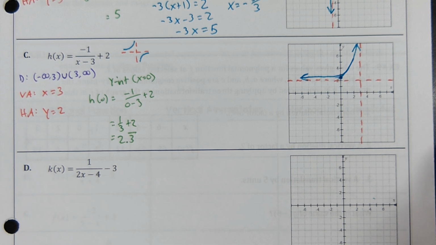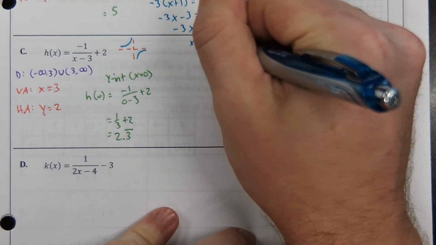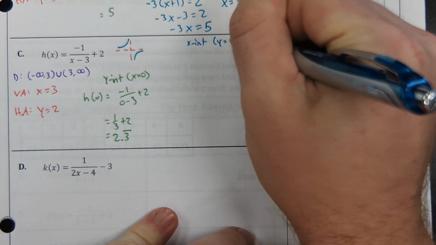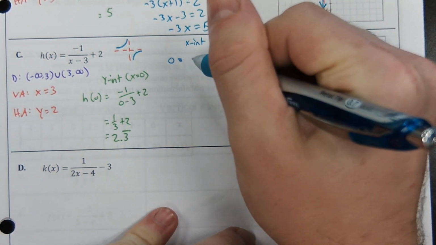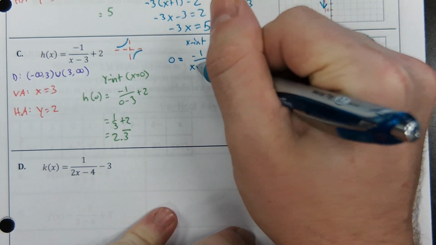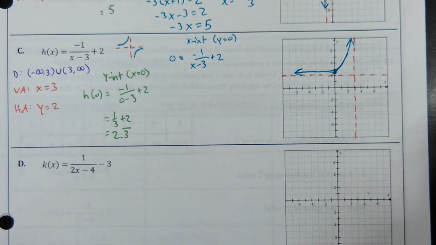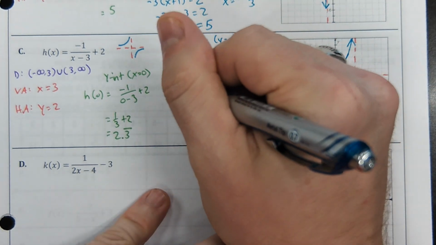Now let's track down the x-intercept, which is always going to be a little bit more work. Letting y equal 0 and solving for x. Subtract 2 from both sides.